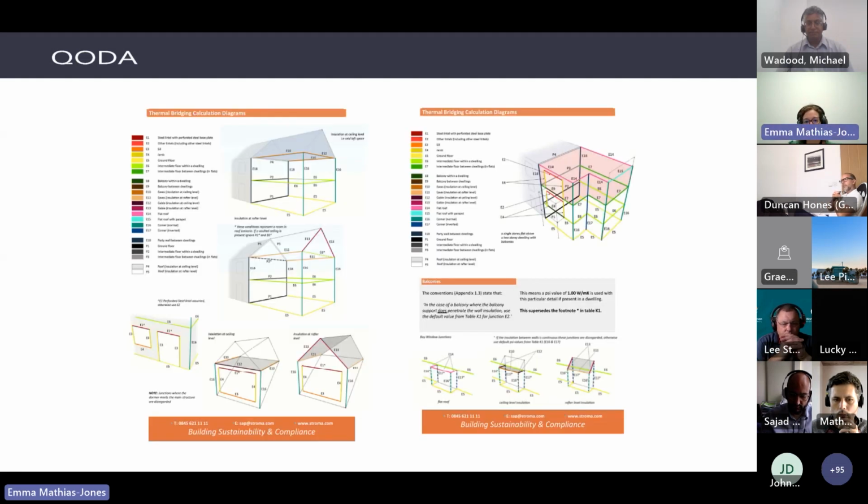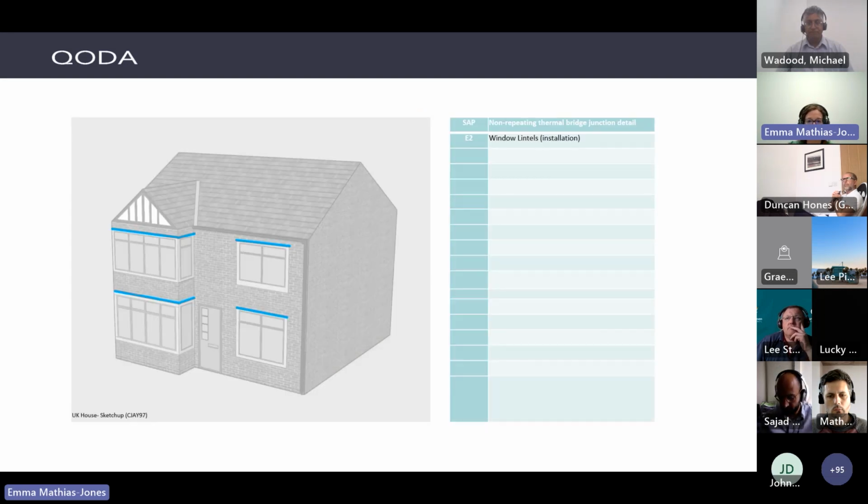So I'm going to be following the SAP references, and there are some really good guides similar to this that are available, where they show you and highlight where those thermal bridges might occur and the references. These are the conventions that I'm going to be following in the example. So we start off with window lintels.